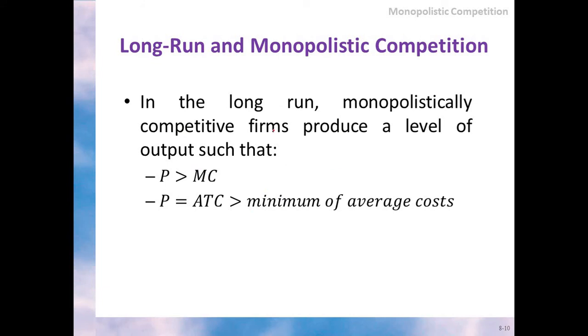Okay, so we can conclude that for the production level of output for a firm in the monopolistic competition market structure, the price is always more than the marginal cost, because they have the market power just now. But the price is also at the average total cost, which is more than the minimum of average cost.